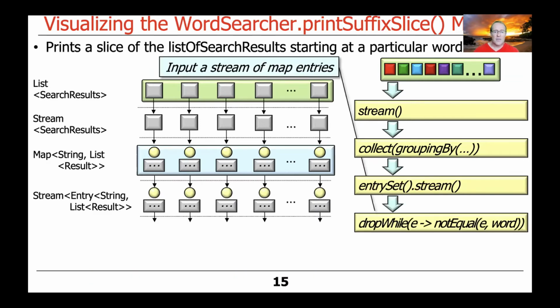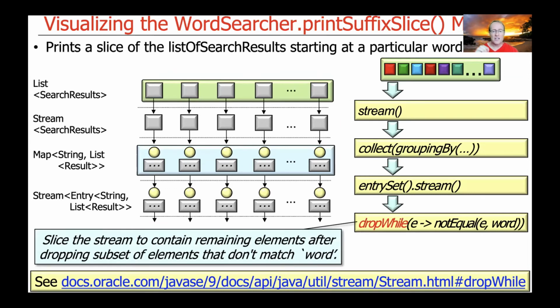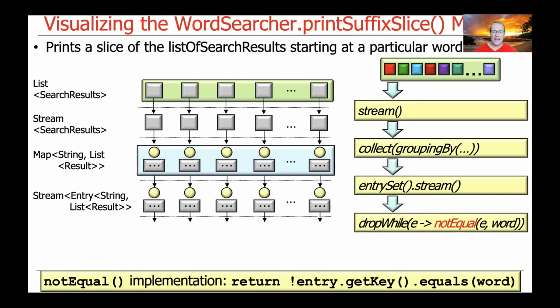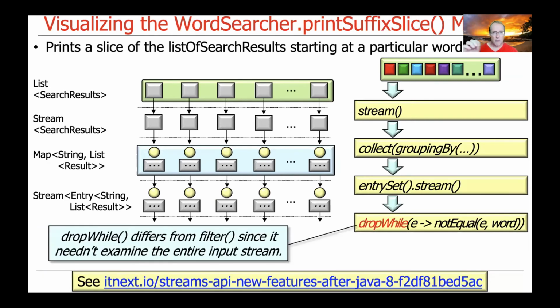And then we're going to go ahead and use the dropWhile aggregate operation. What that's going to do is skip over everything that doesn't match the word we're looking for, ignoring them. And when it finally finds the word, it'll stop skipping, it'll stop dropping, and then it'll go ahead and have the results printed out from that point onwards.